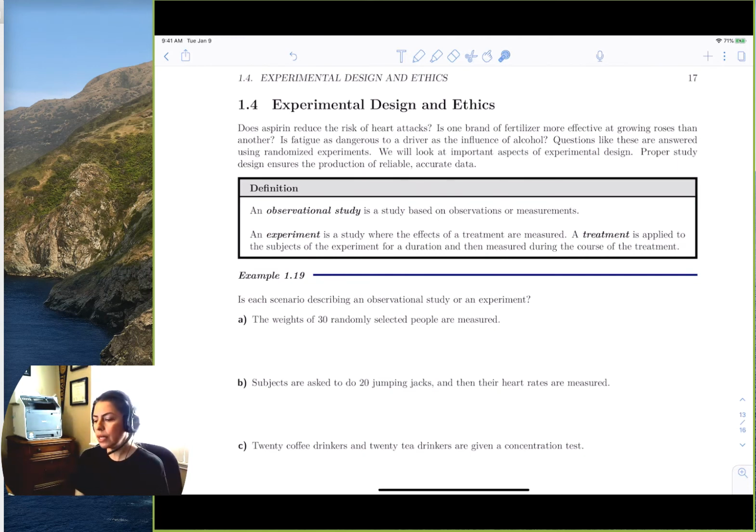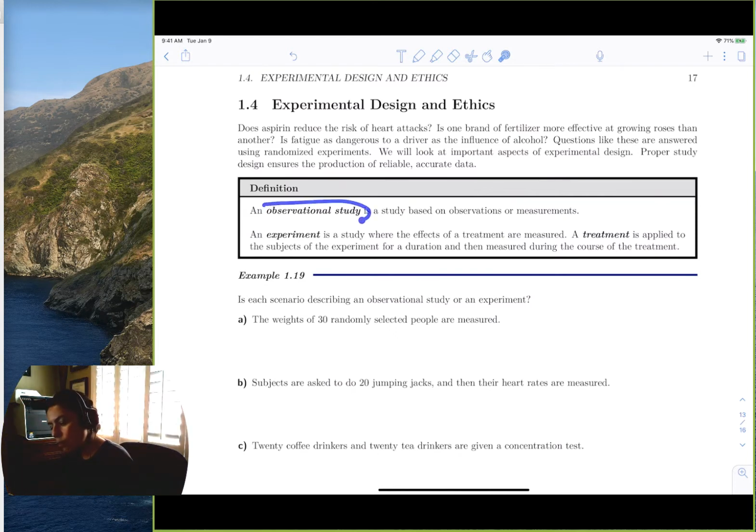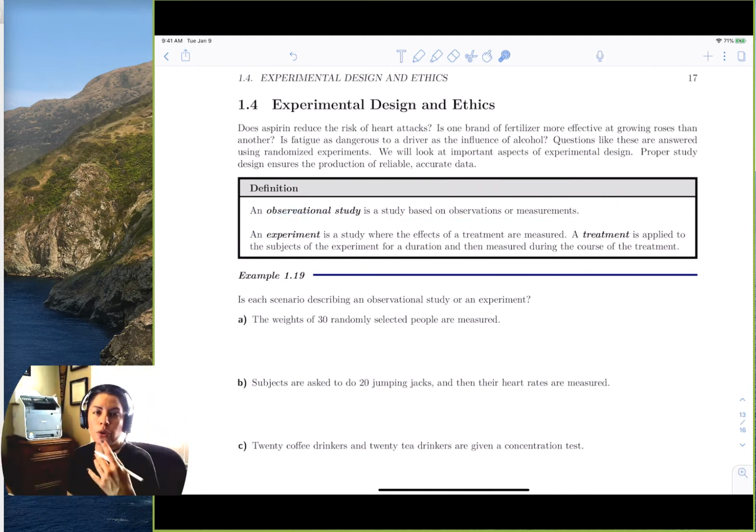So the first thing we want to talk about is the difference between an observational study and an experiment. An observational study is a study based on observations or measurements. How tall are you? The subjects are essentially answering a question about an attribute that already exists. So you're not asking them to change anything.